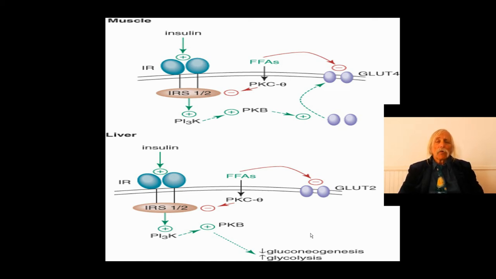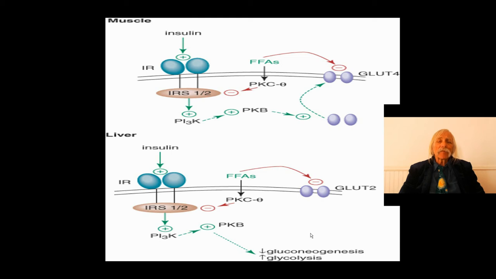However, you do need insulin to trigger IRS1-2, to trigger phosphatidylinositol 3-kinase, to phosphorylate protein kinase B. What that protein does then is allow transcription factors to function to increase glycolysis by increasing the expression of glycolytic enzymes, such as phosphofructokinase 1, phosphofructokinase 2, glyceraldehyde 3-phosphate dehydrogenase, aldolase, enzymes like that.